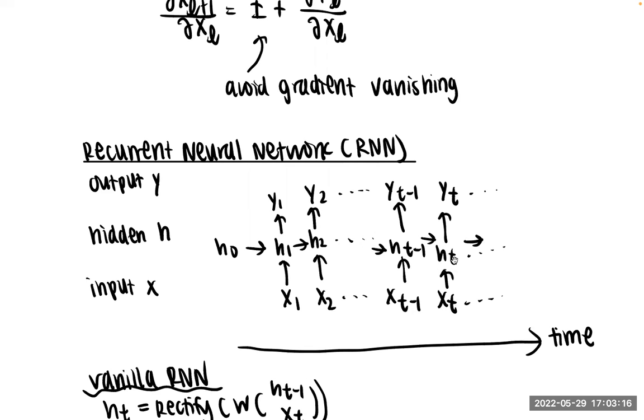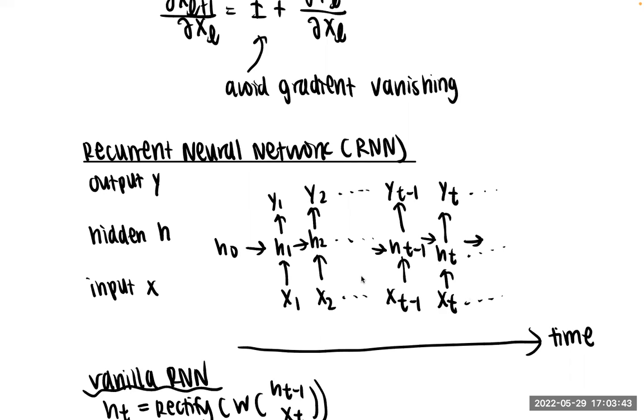So essentially, h_t captures all the information from the past for the purpose of predicting y_t. That's the point of view of the recurrent neural network.